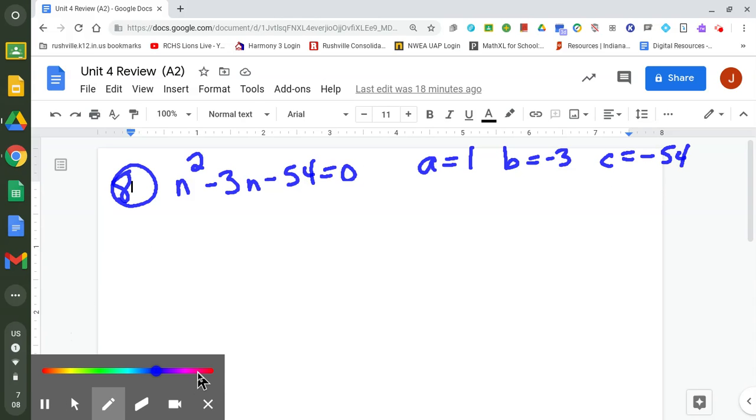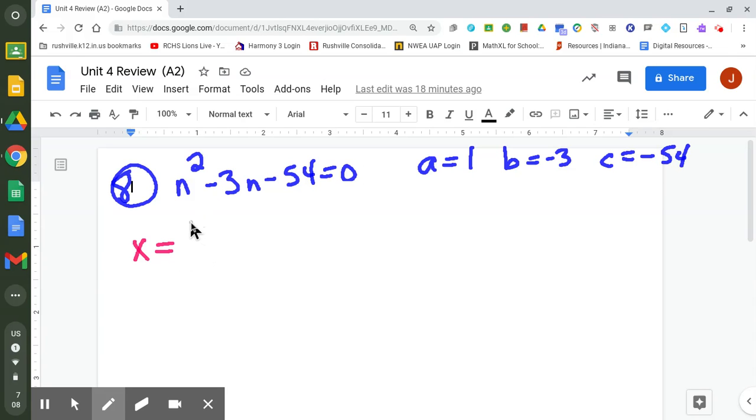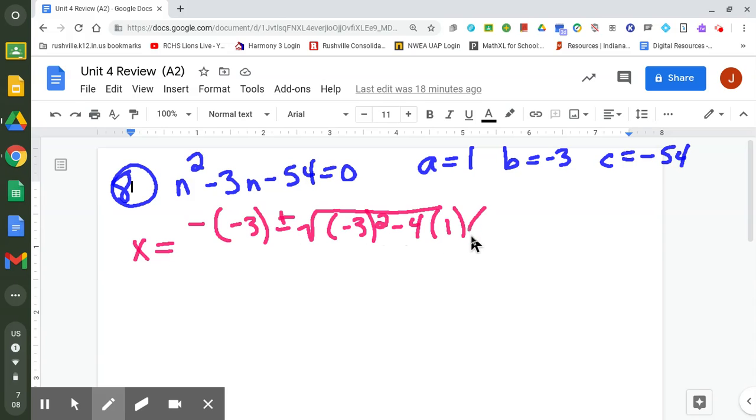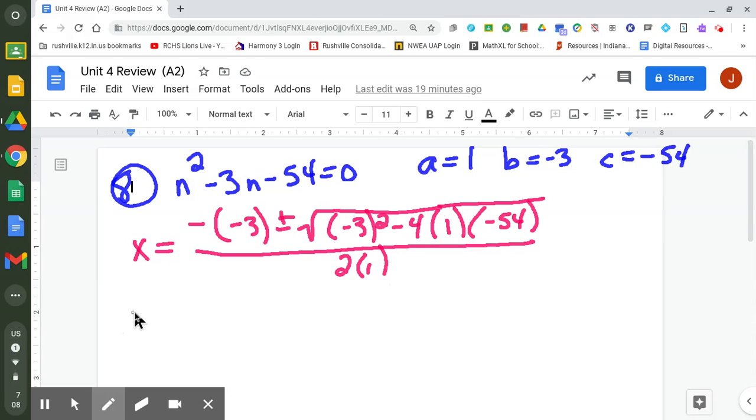So when I use my quadratic formula, it is x equals negative b, and my b is negative 3, plus or minus the square root of b, which is negative 3 squared, minus 4 times a is 1, times c is negative 54. And all of that is over 2 times a, which is 1.